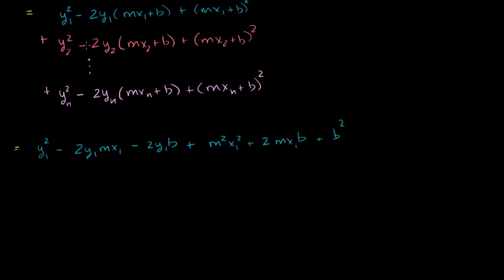If this was (a plus b) squared, this is a squared plus 2ab plus b squared. And we're just going to do that for each of these terms, or for each of these colors, I guess you could say. So now let's move to the second term. So plus, it's going to be the same thing, but instead of y1s and x1s, it's going to be y2s and x2s. So it is y2 squared minus 2y2 mx2 minus 2y2b plus m squared x2 squared plus 2 times mx2b plus b squared.